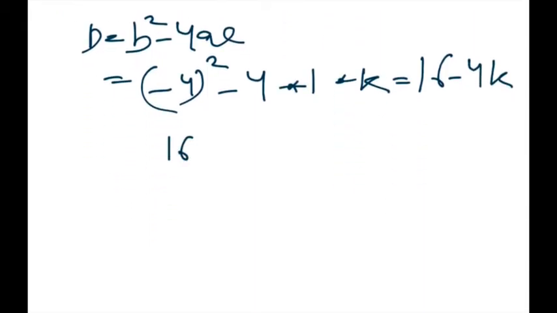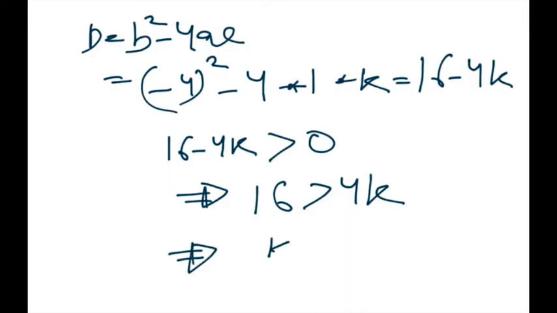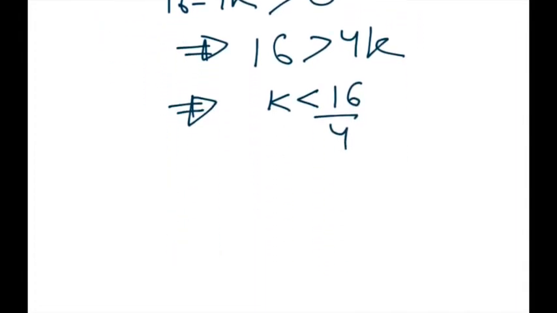Therefore 16 minus 4k is greater than 0, which means 16 is greater than 4k, which means k is less than 16 by 4.